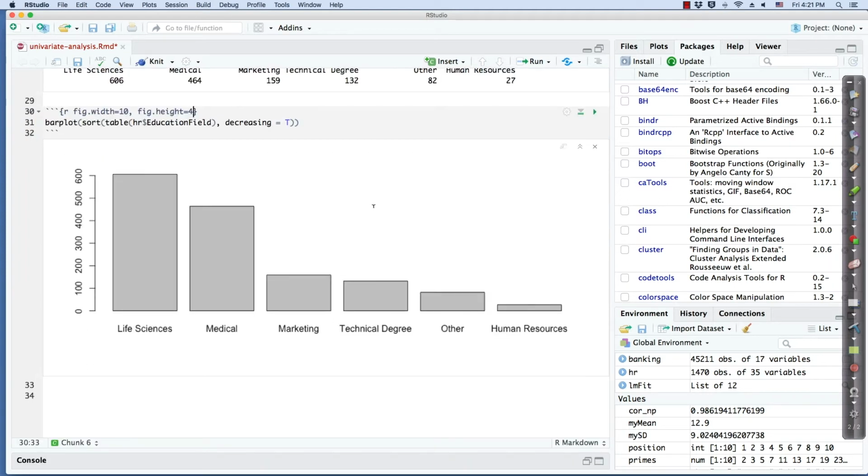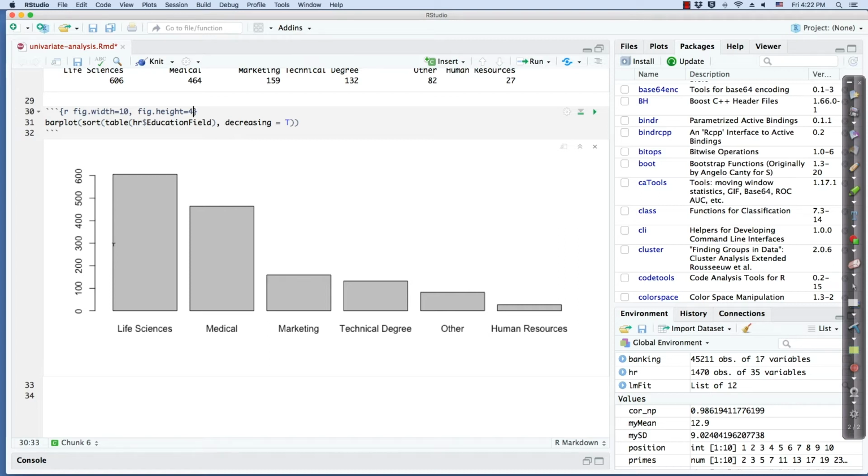We can see now the width of the chart has increased and we are able to see all the labels without any cut. Here the x axis shows the different categories in the education field column, and the y axis tells, for each category, the number of employees, or the frequency of that category.